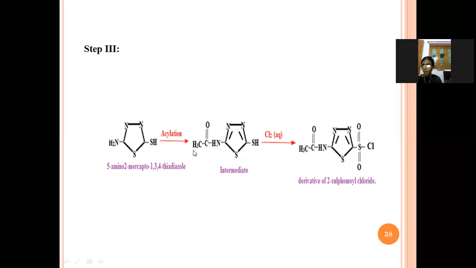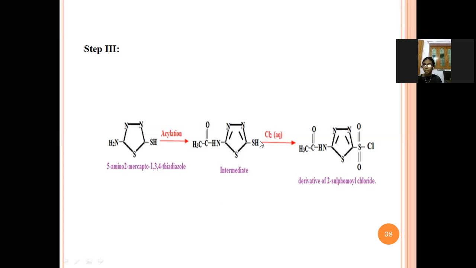C double bond O CH3 is attached here to get the intermediate product. So in the presence of chlorine, here in the second position the chlorine atom is replaced to get the derivative of 2 sulfonyl chloride.